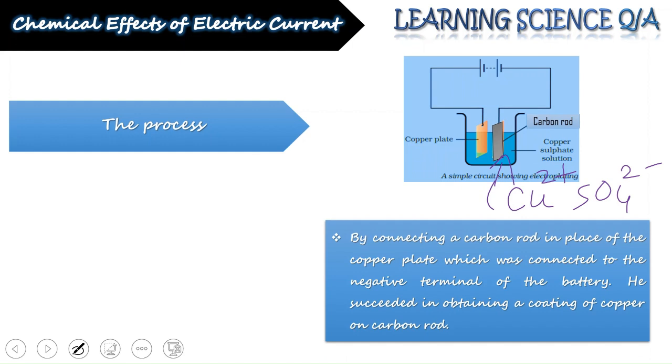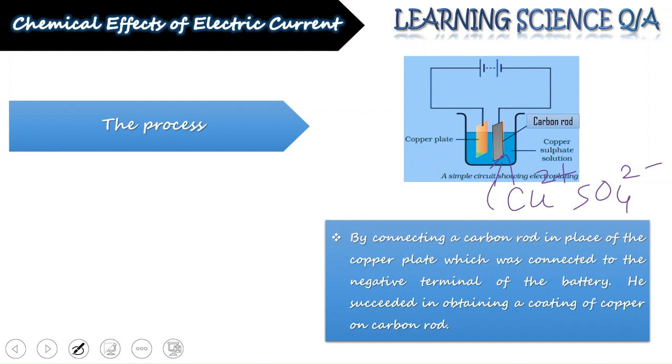To compensate for the loss of copper ions, the copper plate will lose its copper ions, which will dissolve in the electrolytic solution. But what will we have at the end of this experiment? We will have a carbon rod coated by copper. This is how a metal is plated over another less pricey material.